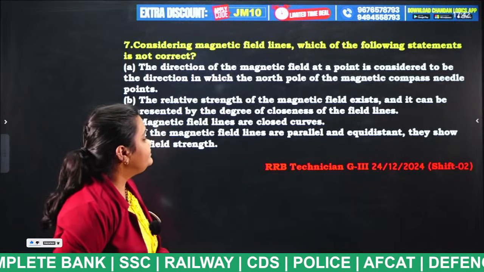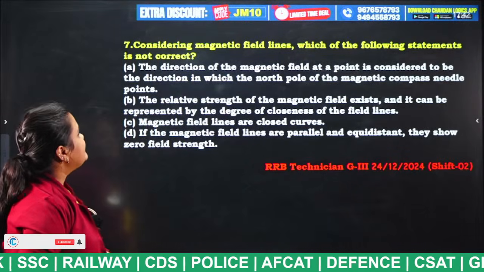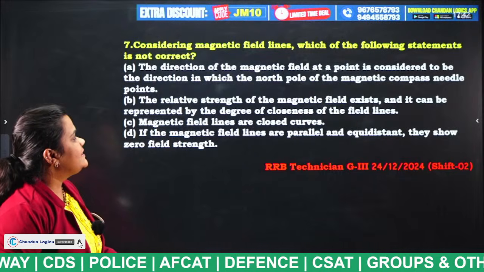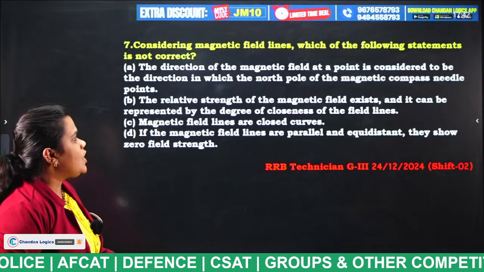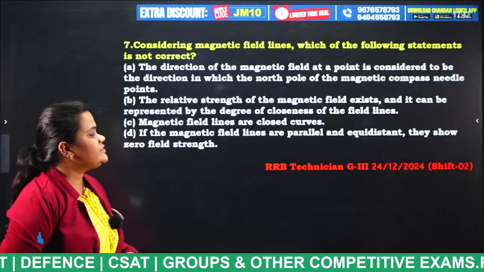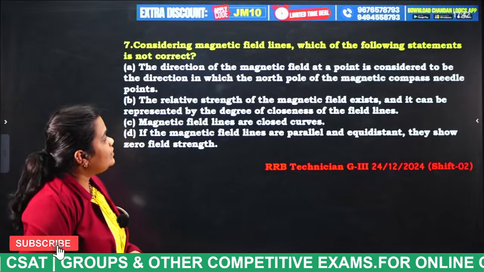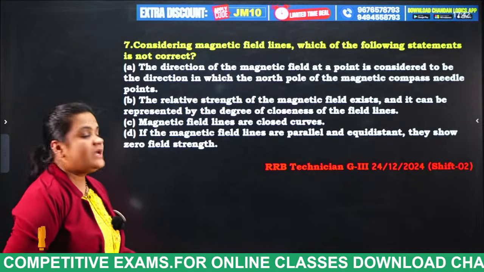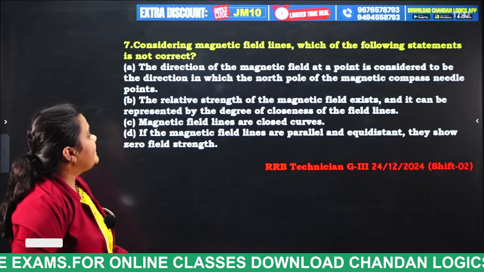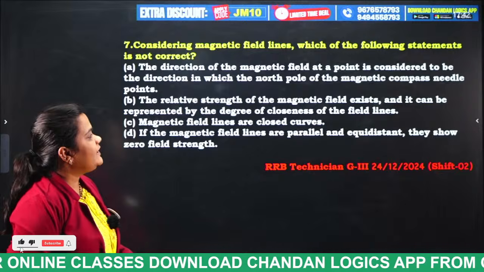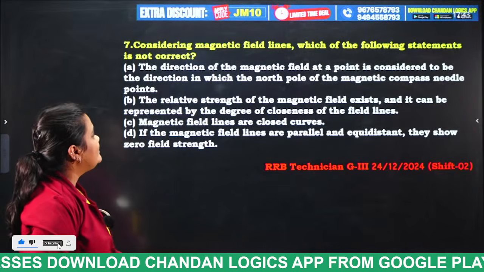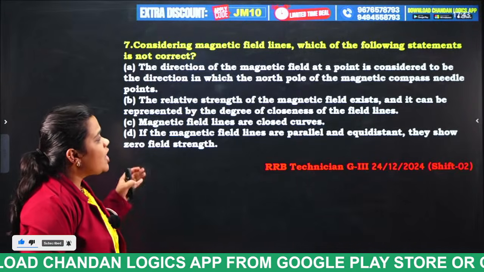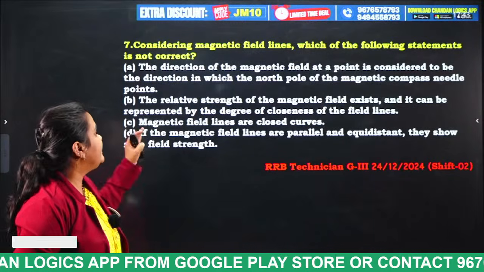Next question. Considering magnetic field lines, which of the following is not correct? Here are the 4 statements, students. We have to identify the incorrect statement among the 4 statements. First statement: the direction of the magnetic field at a point is considered to be the direction in which the north pole of the magnetic compass needle points.